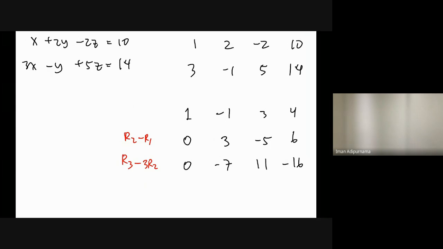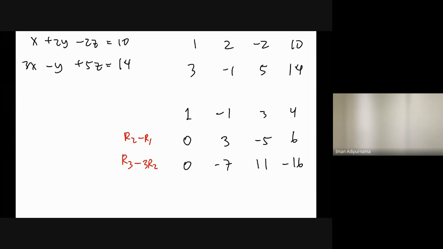So the idea for this elimination or the elementary row operation is making this 0, 0, 0. Okay. So when we have this 0, 0, 0, we will get exactly one solution here, right? And then you can get all the solutions. Okay.